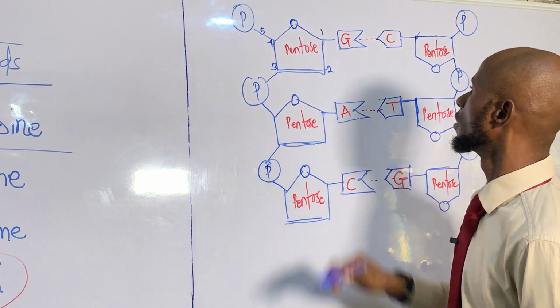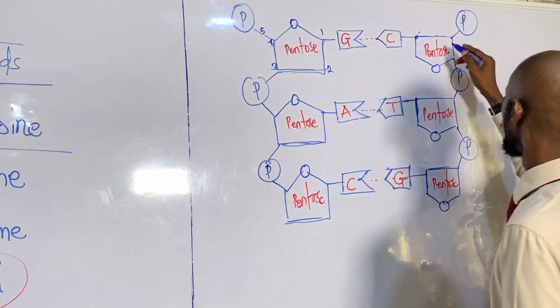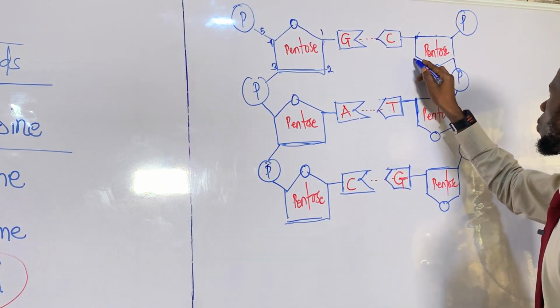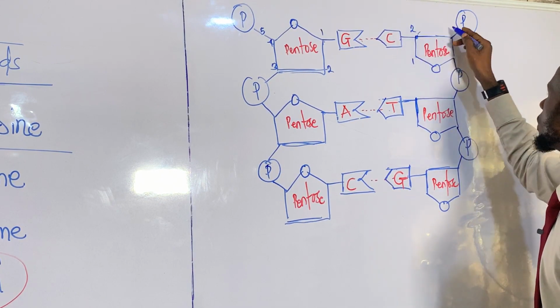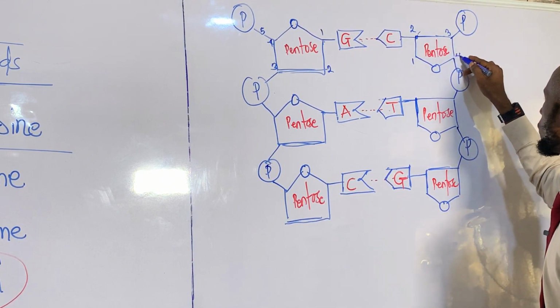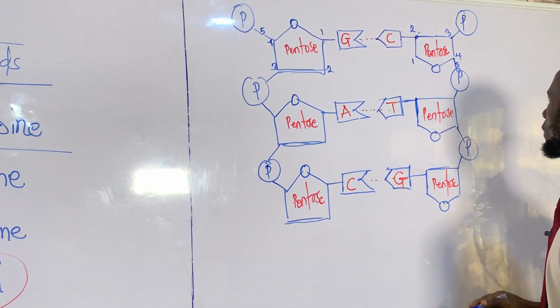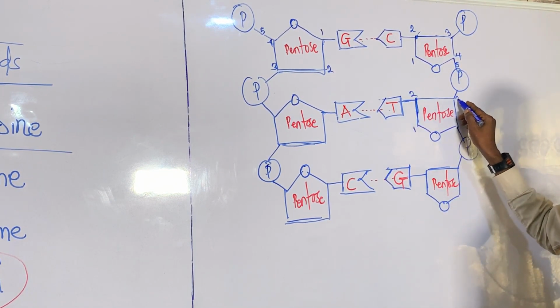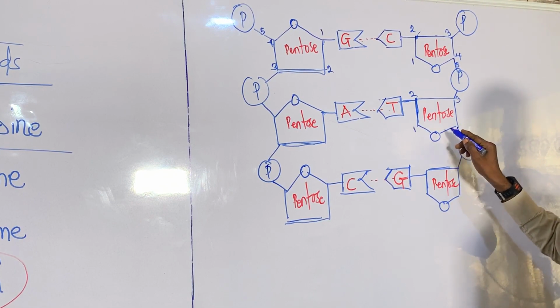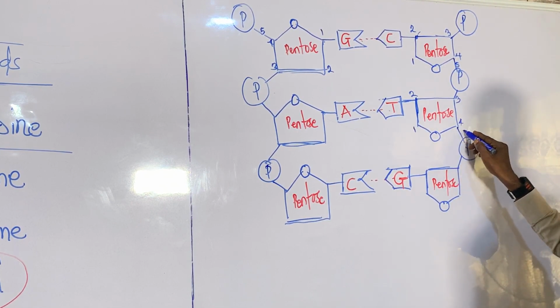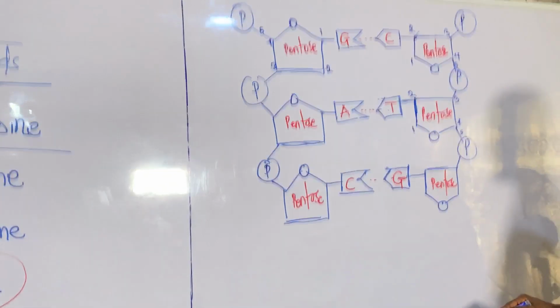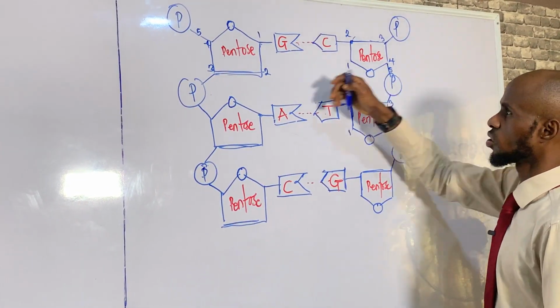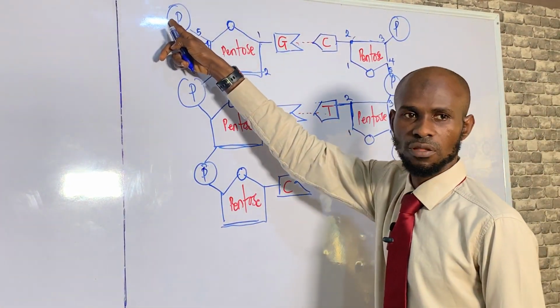Where is carbon 1 for this? Carbon 1 will be here, carbon 2 here, carbon 3 here, carbon 4 here, and carbon 5 here. The carbon 5 is between the line that connects the sugar and the phosphate group.